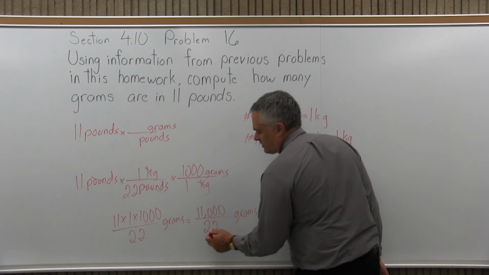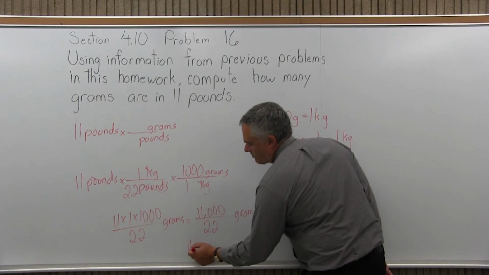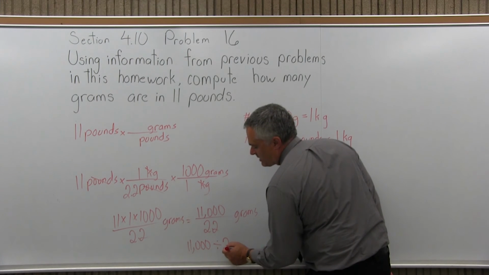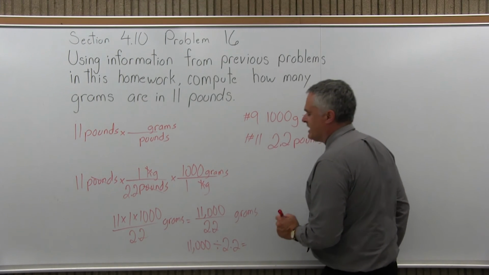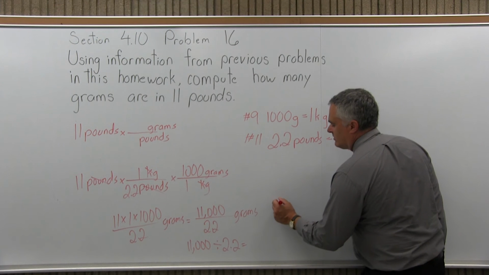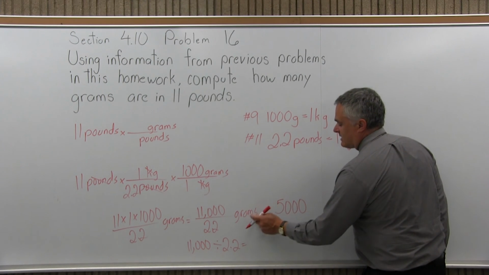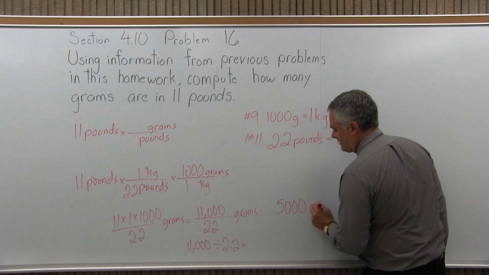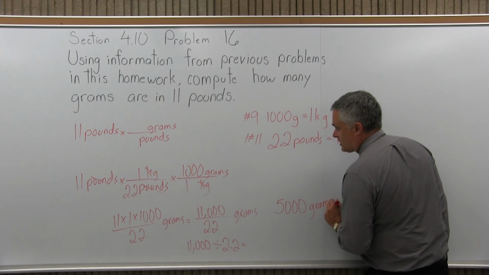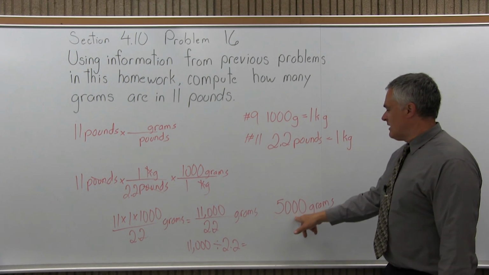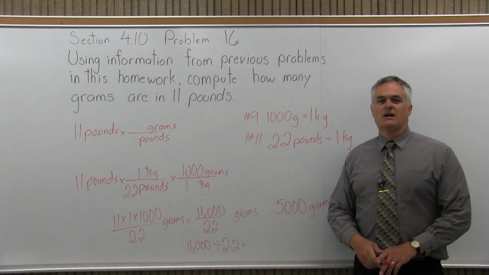I can see the answer, but a lot of you would probably want to just enter the numerator of 11,000, divide by the denominator of 2.2, hit equals, and your calculator will tell you that comes out to a nice round number of 5,000, and again, your units of measure are in grams. So we've done it. It says we have 11 pounds, convert that to grams. 11 pounds converts to 5,000 grams.